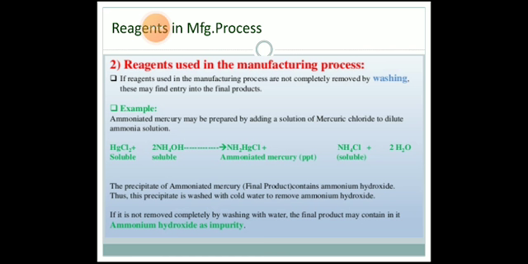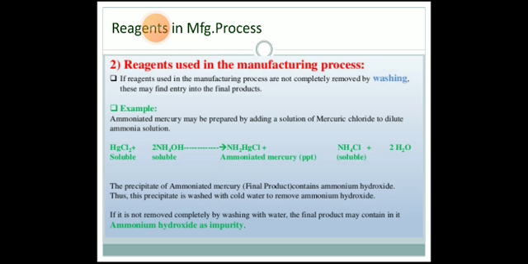Reagents used in the manufacturing process. The reagents used in the manufacturing process are not completely removed by washing. These may find entry into the final product. For example, ammoniated mercury is prepared by adding a solution of mercuric chloride to dilute ammonia solution.